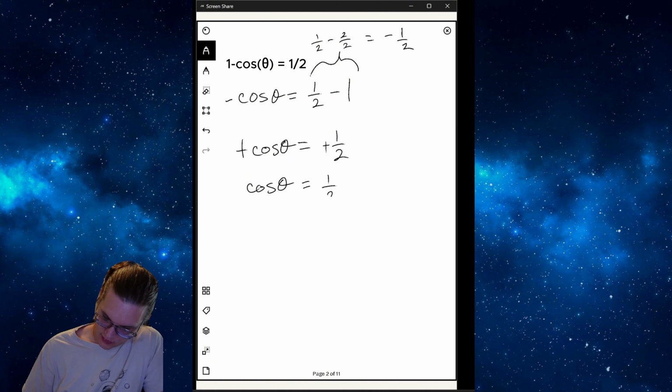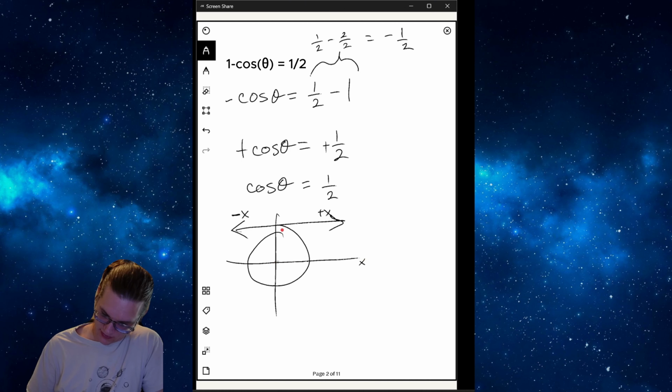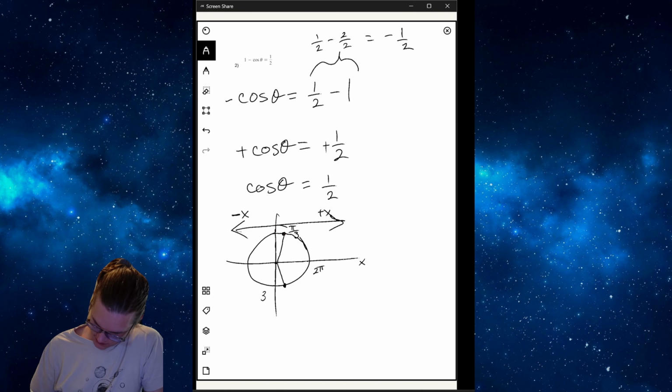Where are the x's positive? Over here. Okay, where's cosine 1/2? Well, that's when the x distance is shorter, so that's here and here. And these values are pi over 3 and this 2 pi. And then this other point here, which I know that this is pi over 2, 3 pi over 2, right?